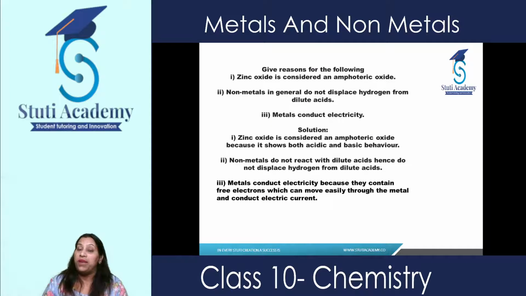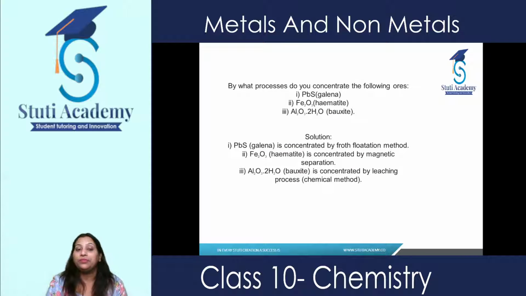That's why we use metals for making utensils, because they are good conductors, and that's the reason we use metals like copper and aluminium in making electric wires, because they are good conductors of electricity. So this property of metals makes them suitable for making wires and utensils, because they are good conductors of heat also.